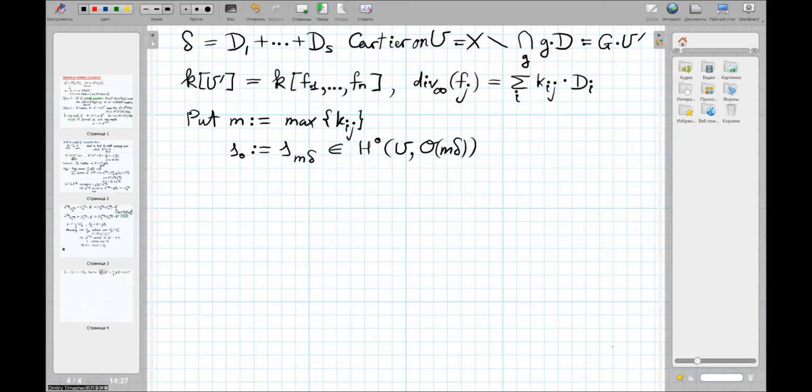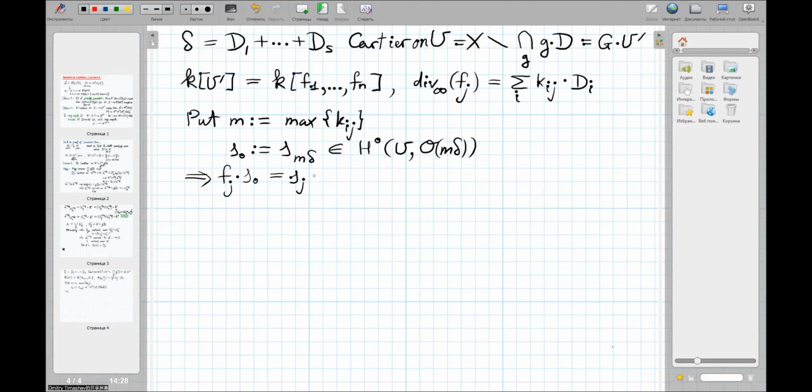Okay, so the divisor of this s_0 is m delta, and if you multiply this s_0 by any of these functions f_j, then you get a section of the same line bundle, which also has no poles, because the divisor of poles of f_j has coefficients which are smaller or equal than this m. So after multiplication with s_0, the poles of f_j are killed.